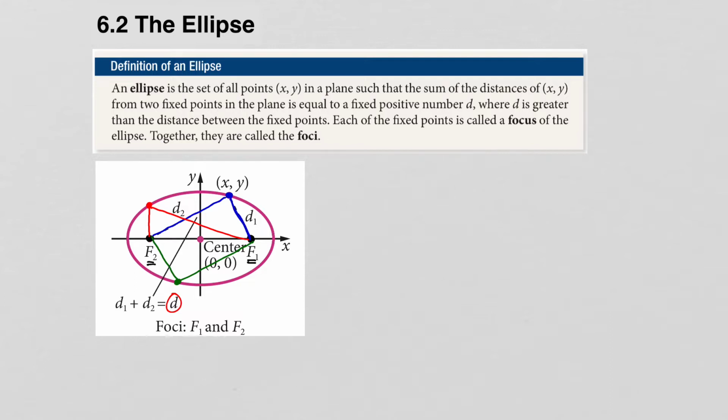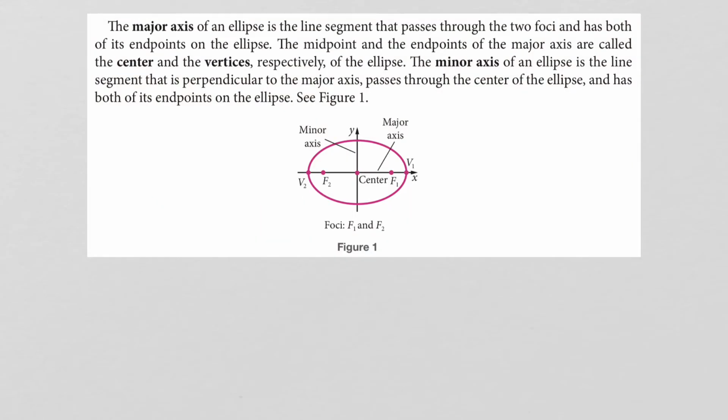Let's talk about a few more important features for the ellipse. So here we have our ellipse, which is this oval shape. You'll notice that it's longer here and it's shorter here. So it's kind of like a circle, except that it's not the same distance across.